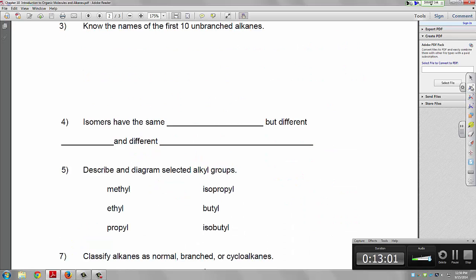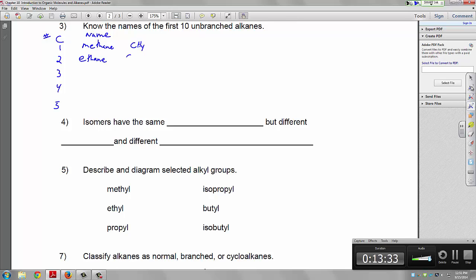Now the names of the first 10 unbranched alkanes. We'll put here the number of carbons, 1, 2, 3, 4, 5. First is methane, and the chemical formula is CH4. The next is ethane.